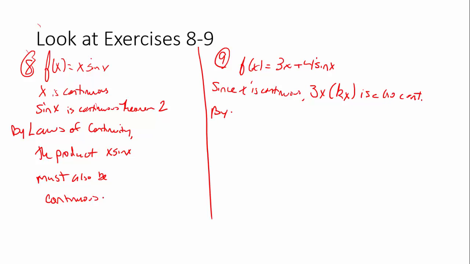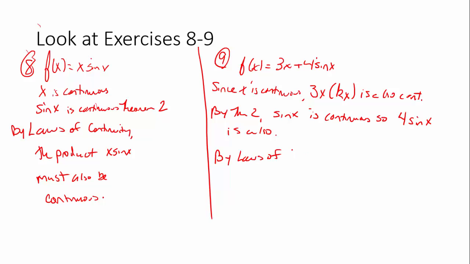We know by theorem 2, sine x is continuous. So 4 sine x is also. And then finally, by my laws of continuity, I've got one continuous function, a second continuous function. The sum, 3x plus 4 sine x, must be continuous.